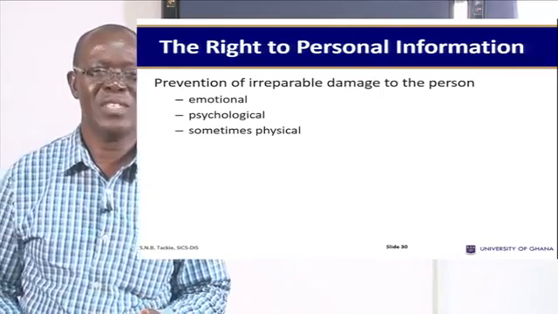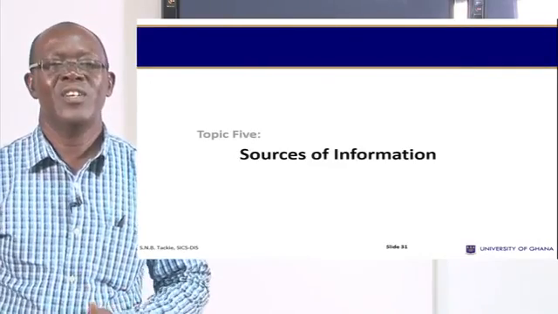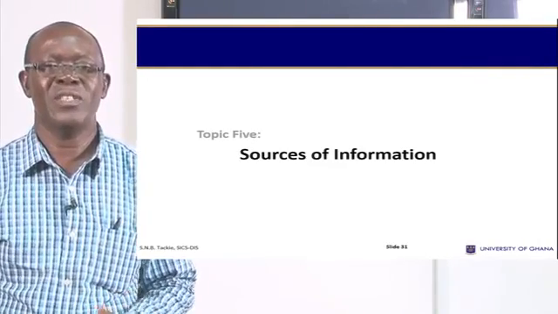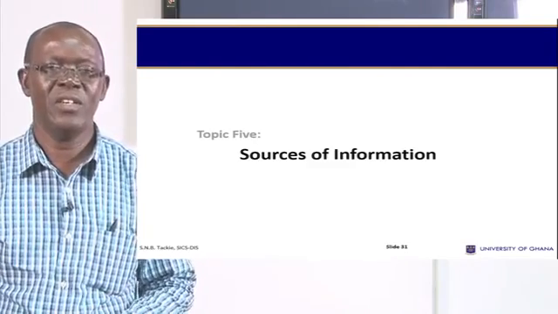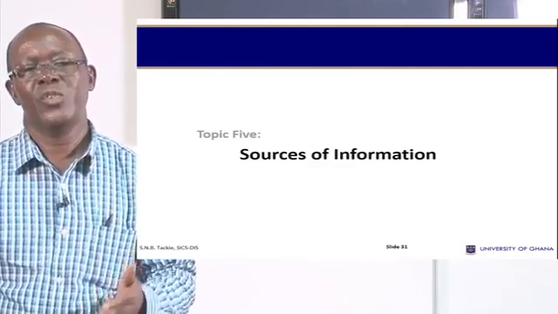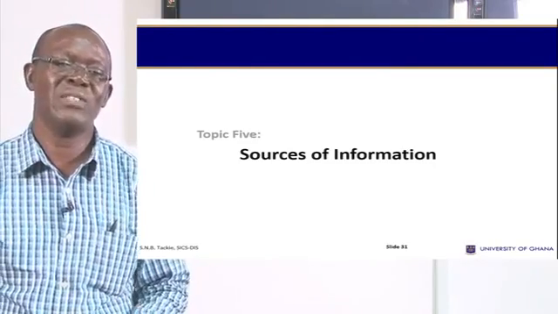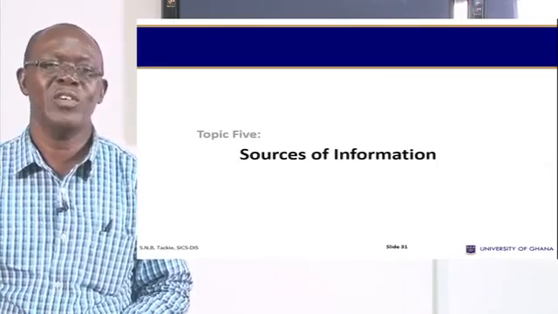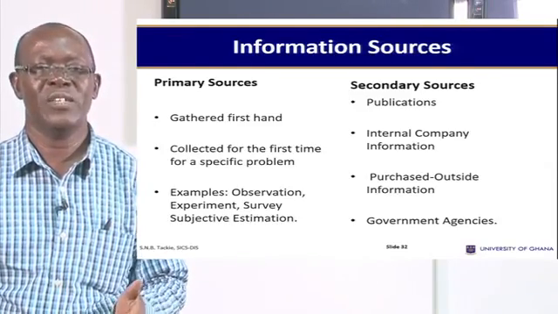And so it's important to keep certain information personal to oneself. So these are, in the main, some of the kinds of information that exist and that we need to deal with. So we have seen the types of information, but how do we generate information, or where do we get information from? What are the sources of information? That's the next topic that we want to deal with.